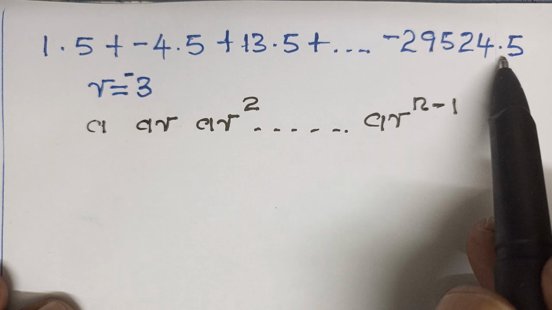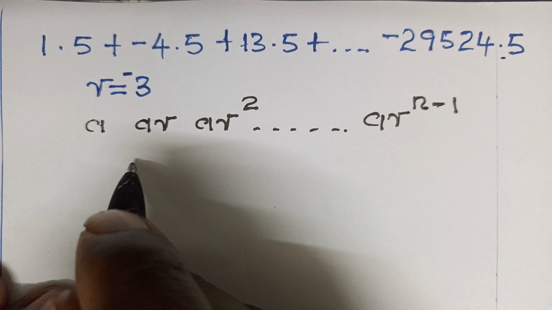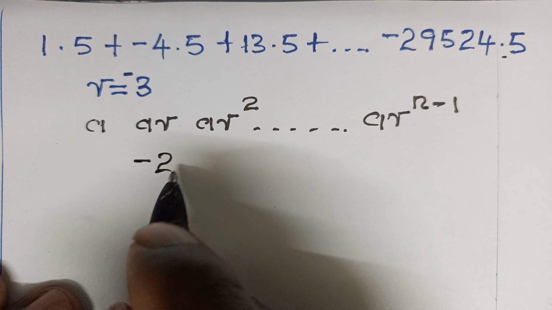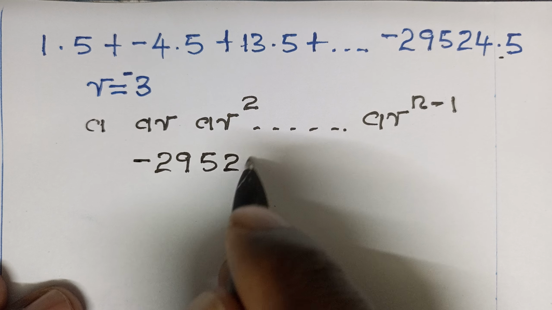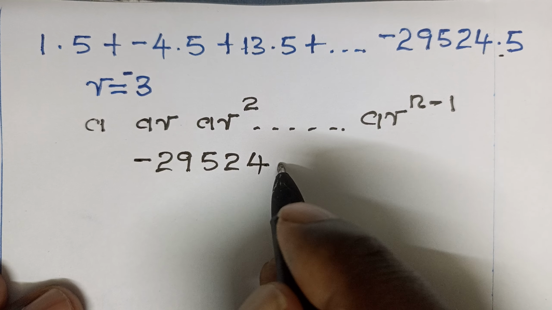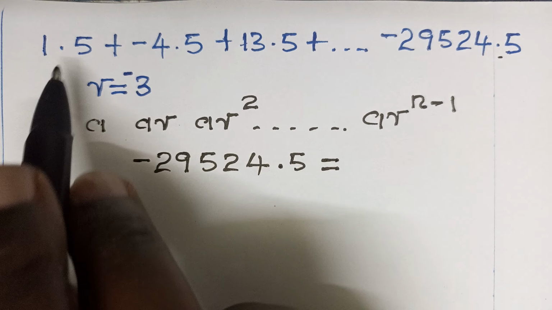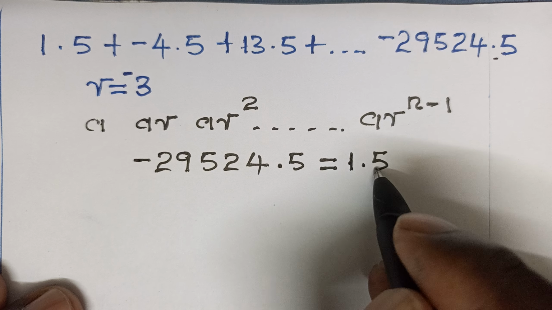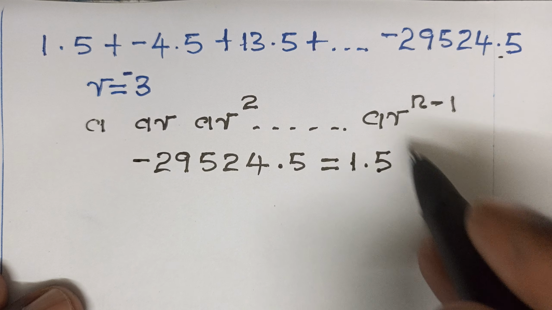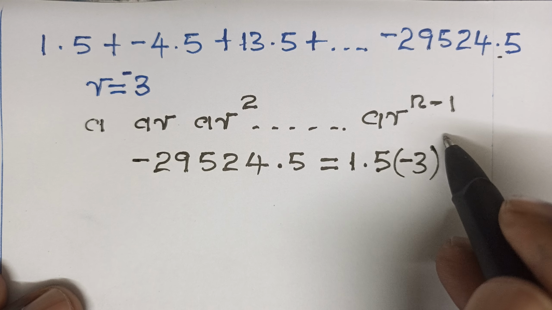With that, because this is our last term, the last term here is equivalent to this. So we can say that negative 29,524.5 is now equal to A, which is the first term, 1.5, times R, which is the constant ratio, negative 3, raised to n minus 1.